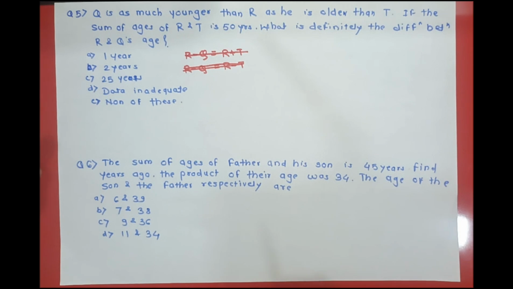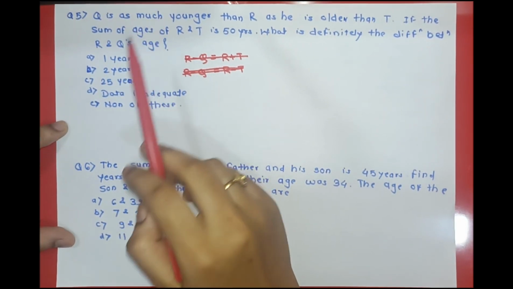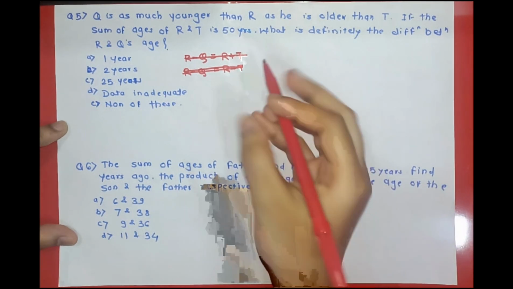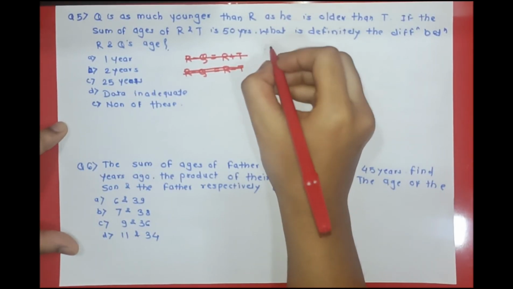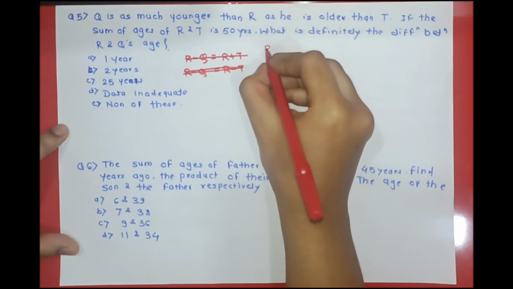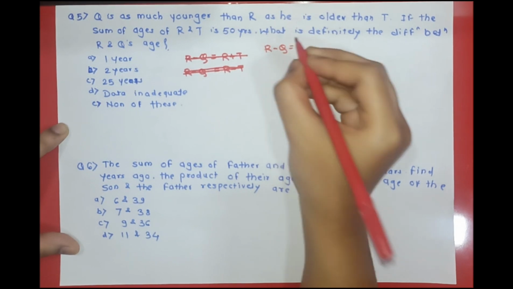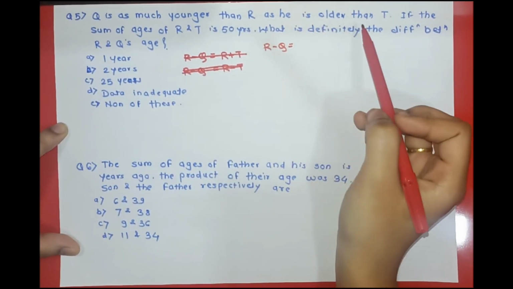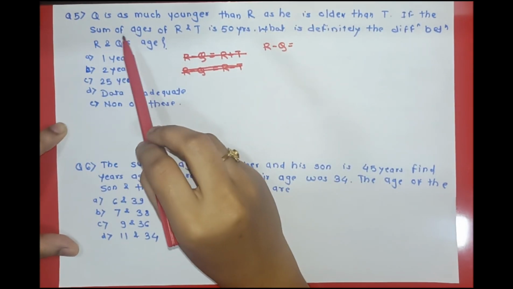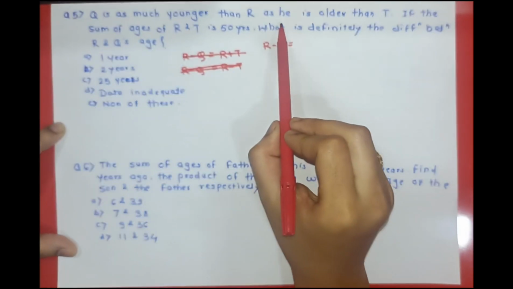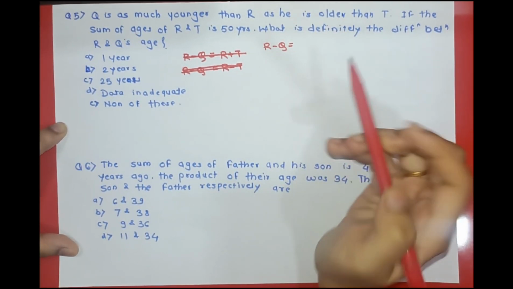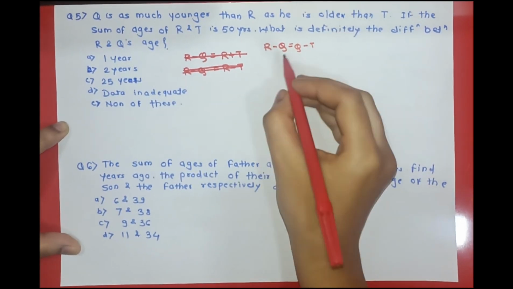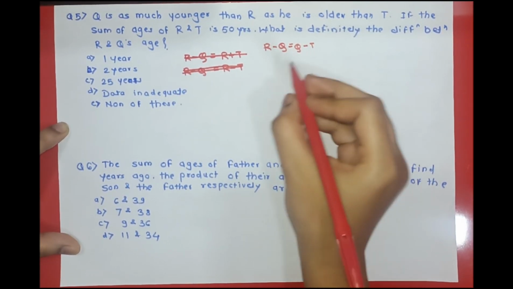As per the question, Q is as much younger than R. So in the first case, Q is younger than R. And the second part says that Q is as much younger than R as he is older than T. So here Q is older than T, and both the differences are equal.